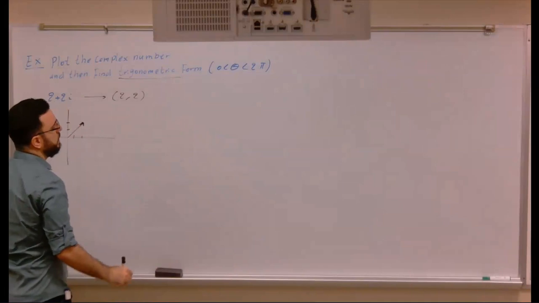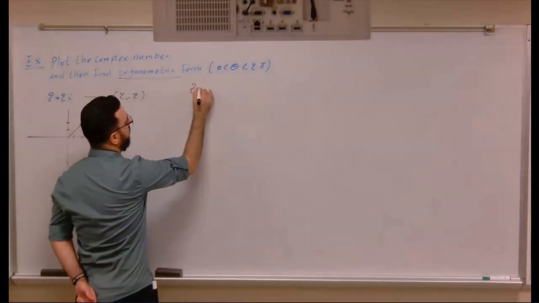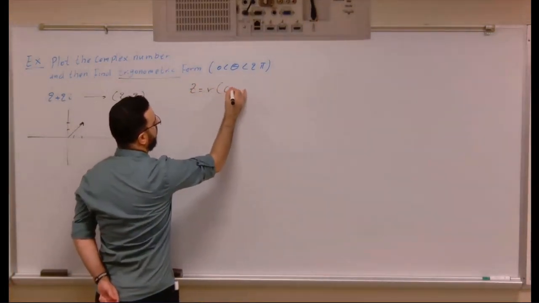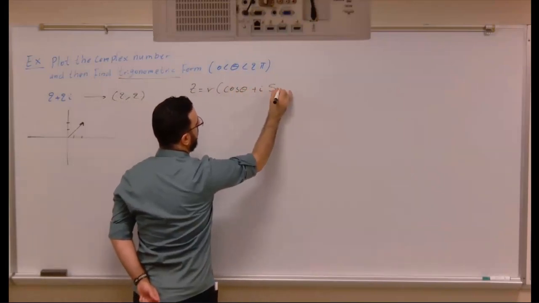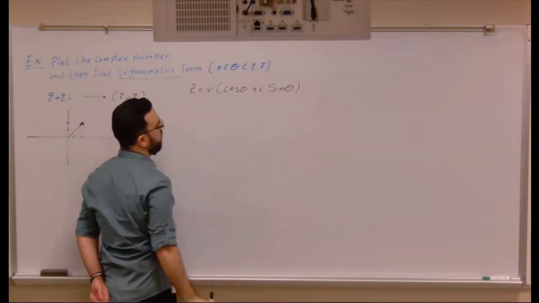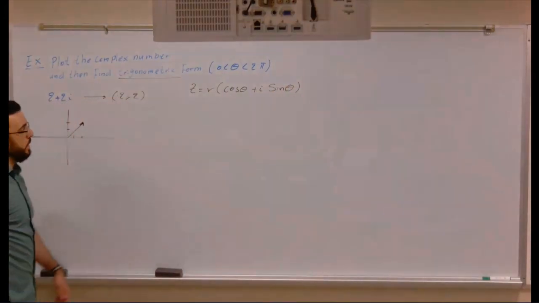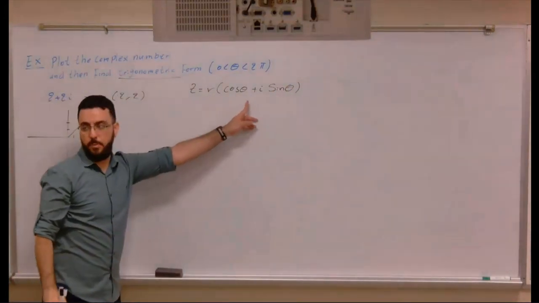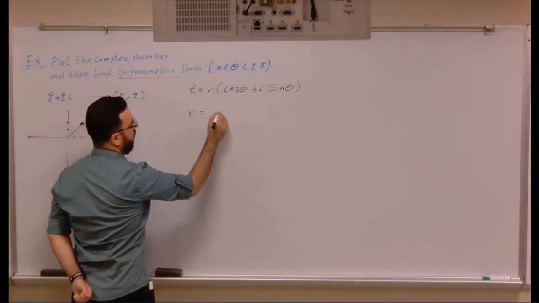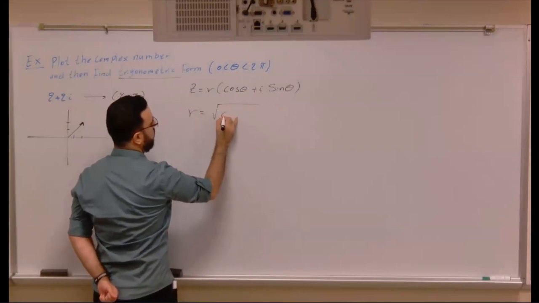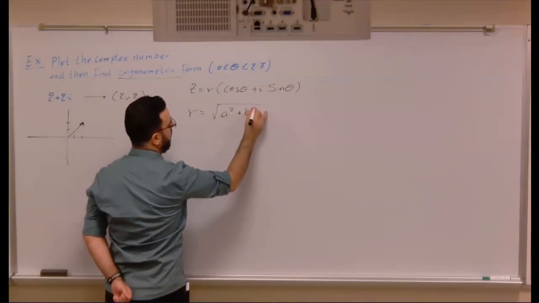So I'm going to write down the trig form. It says z equal r cosine theta plus i sine theta. So what do I need to find? I need to find r and I need to find theta. How are we going to find r? r equals the square root of a squared plus b squared.